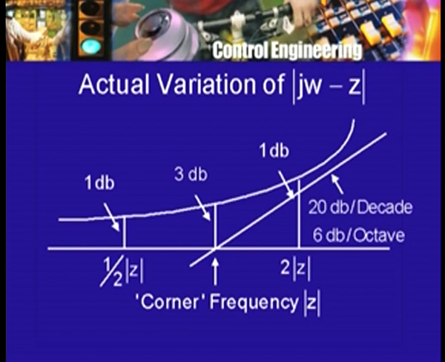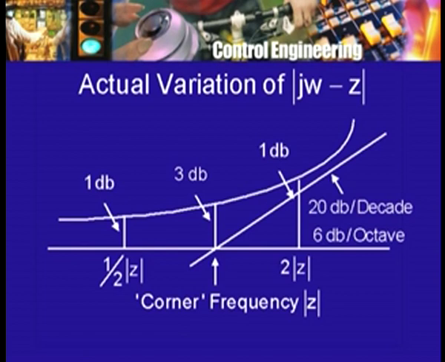In fact, one can get 2 more points on this curve. If you take a frequency which is 1 octave below this frequency, that is, whatever this frequency is, the frequency which is 1/2 of that, then the error or the difference is just 1 dB.